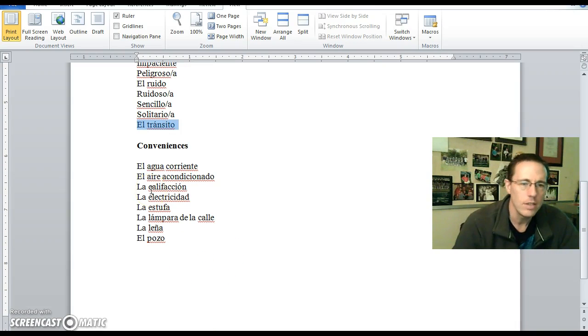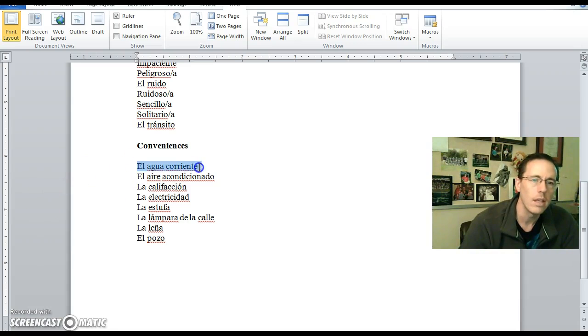Now a few modern conveniences which we might take for granted in some cases. El agua corriente, running water. El aire acondicionado, air conditioning. La calefacción, this is heating. La electricidad, electricity.